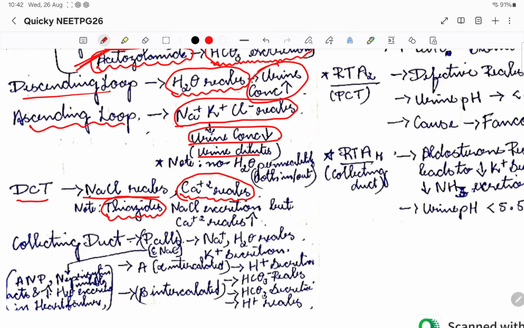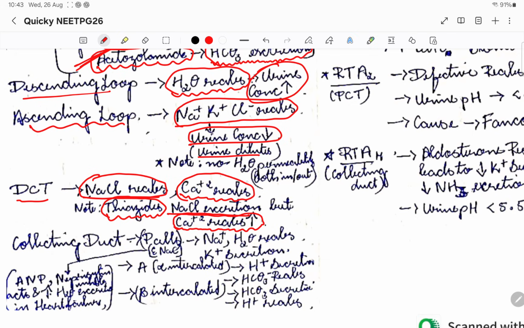Thiazide diuretics basically act on this sodium chloride channel only. So there will be a sodium chloride block from the thiazides, and all the water will also follow the sodium chloride. But please remember, the calcium channel is not affected, and calcium will have increased reabsorption.